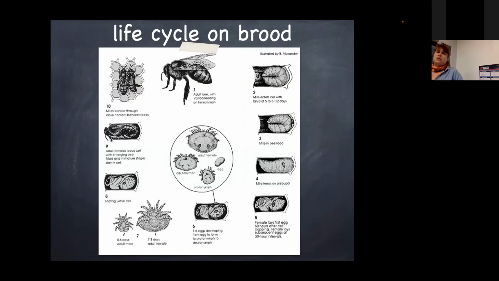She feeds off the hemolymph. She gives birth to a male and then gives birth to... so the cycle of the mite to the life cycle of the bee, does that make sense?